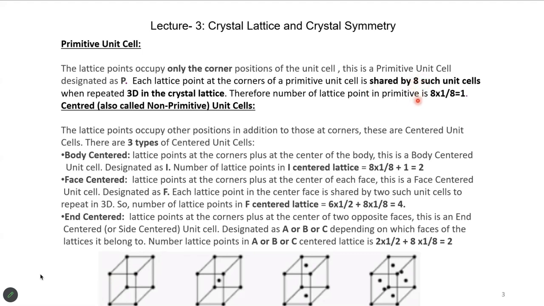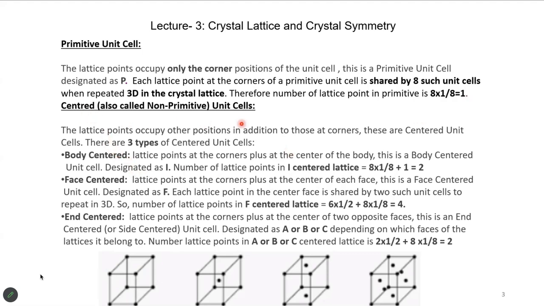Therefore, in a primitive unit cell, we will have only one lattice point: 8 times 1/8. These are 8 corner points, and all these points will be shared by another 8 unit cells. So that is why a primitive lattice will have only one lattice point.